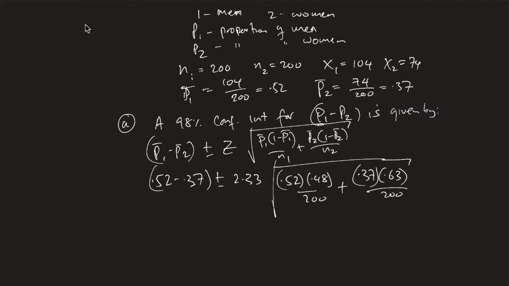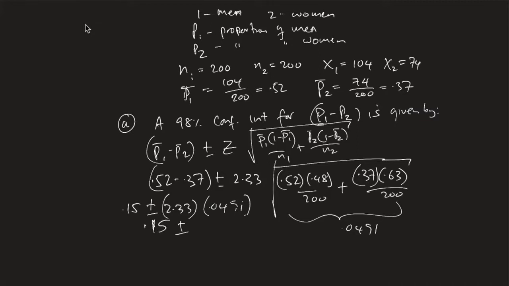It turns out that this part, which is the standard error, is 0.0491. And then we have the 2.33. So when we multiply those together, the point estimate of the difference is 0.15 plus or minus 2.33 times 0.0491, which gives us 0.15 plus or minus 0.1145. All right.